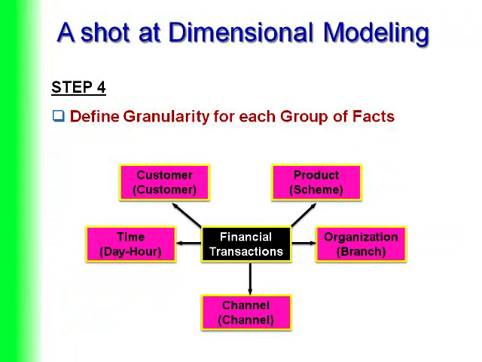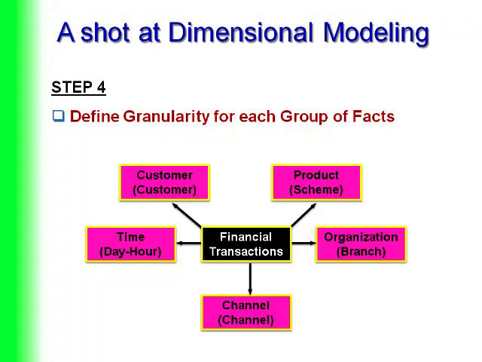Then step 4, define the granularity for each group of facts. Do you want to measure the facts related to financial transaction with respect to customer, scheme, branch, channel, day of hour combination, or weekly KPIs that need to be calculated weekly, quarterly, etc.? But whatever it may be, the granularity must be identified for each group of facts.